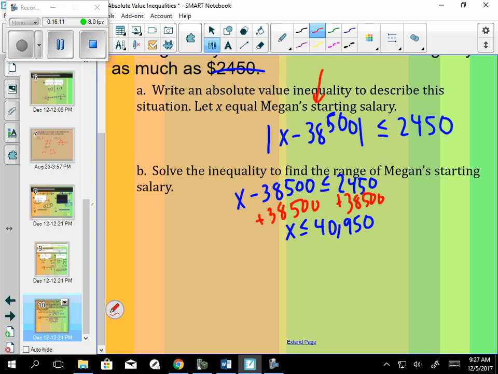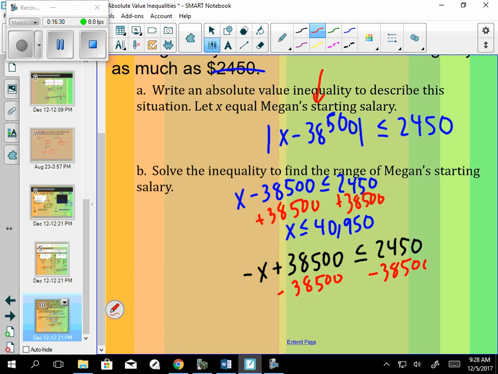But if we do the opposite one, remember we got to take the opposite of this now. So that'd be negative x plus 38,500 could also be less than or equal to this amount. Okay, so now if we minus this value, now I got negative x is less than, that's going to come out to be negative 36,050.